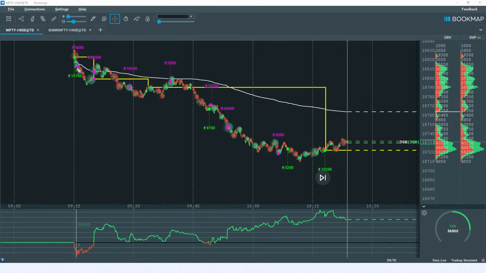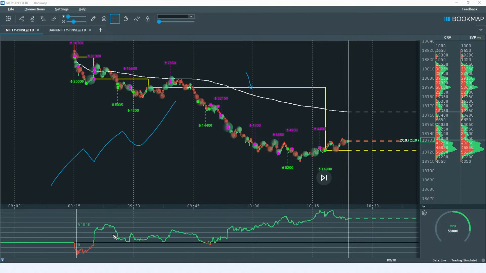And one more important point is that the point of control will help us identify the immediate trend in the market. In simple words, point of control helps us understand or identify the acceptance of the market. One is the movement of the market, but acceptance of the market is where the point of control will help us. For example, let's say the initial point of control was here. That means even though price was trading below, more transactions were happening at the higher level. But after that, you can see there was a downshift in the entire point of control.